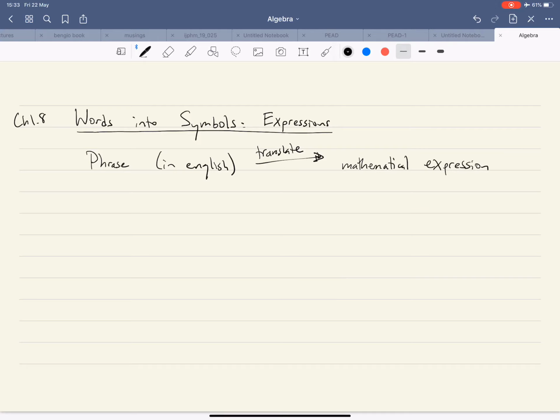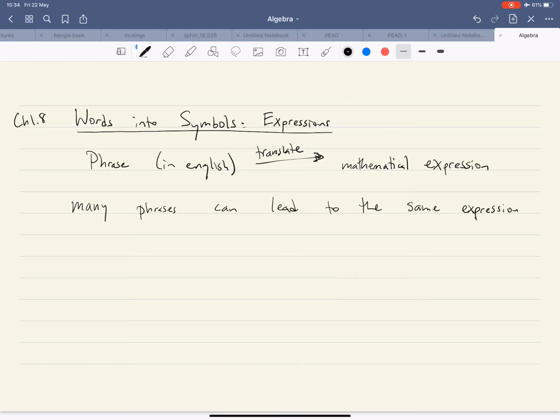So many phrases can lead to the same expression, right? We have many different ways of expressing the same concept, and we don't all write and speak the same way. So many phrases can lead to the same expression.